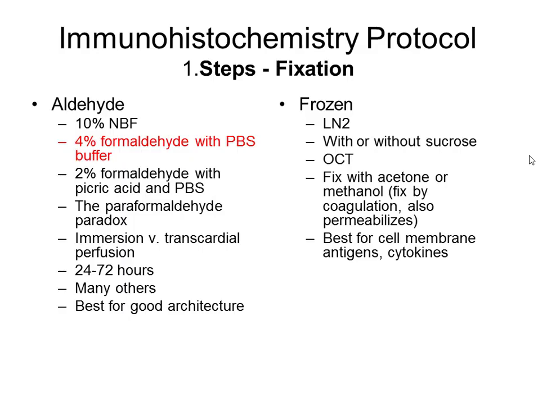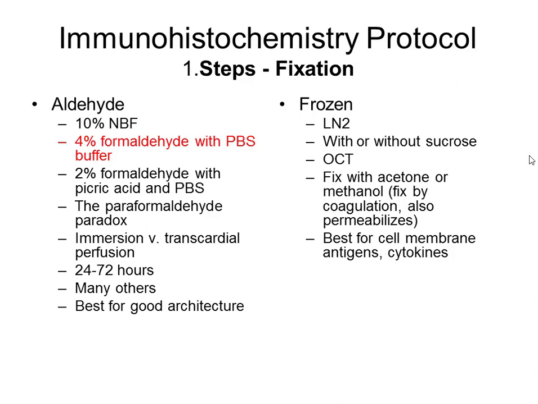The first step of immunohistochemistry is fixation. More often we use fixation in 4% formaldehyde with phosphate buffer. But we can also use frozen fixation using liquid nitrogen.